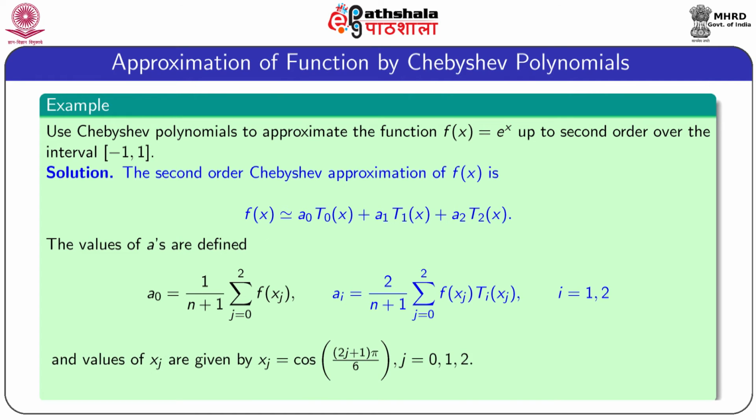and the values of xj are given by xj equal to cos of (2j plus 1) pi by 6, where j equal to 0, 1 and 2. That is x0 equal to 0.8660254, x1 is 0 and x2 equal to -0.8660254.